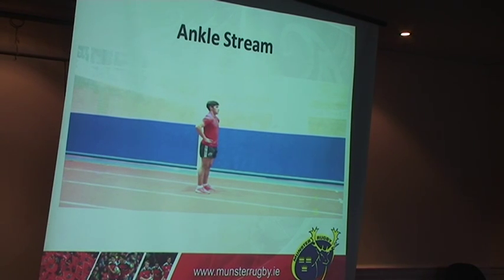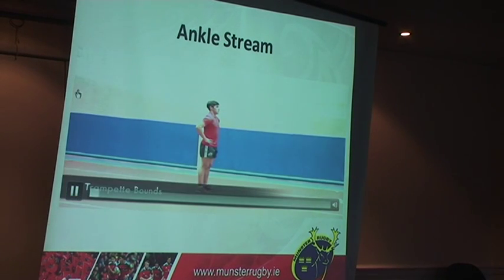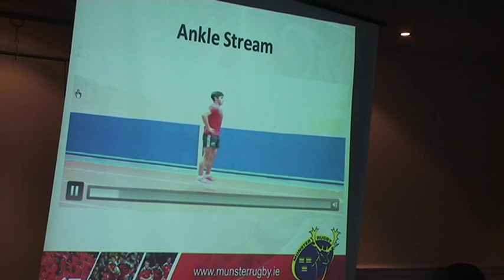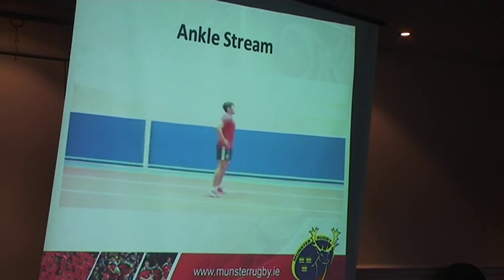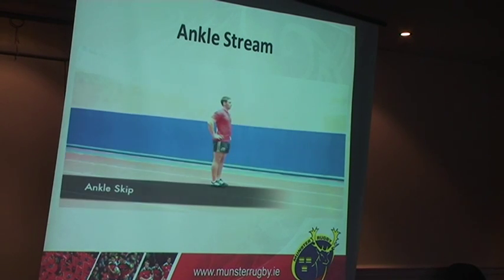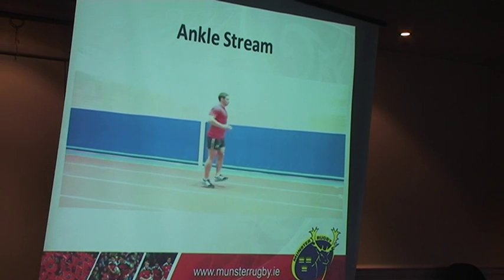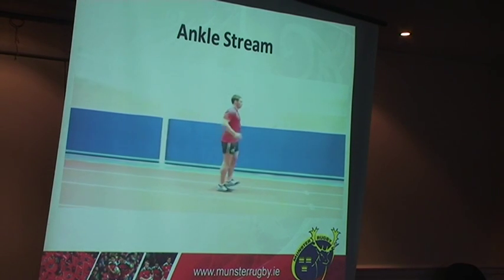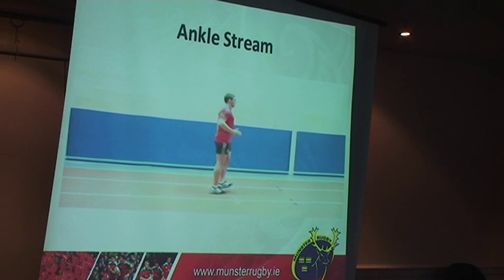And again, I'm just going to play this. Starts off with simple trumpet bounds. When these are mastered, we go on to ankle skips. So double leg to single leg, there's progression in everything, which allows regression.